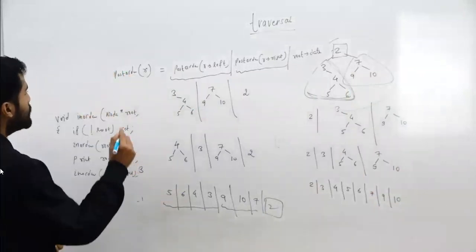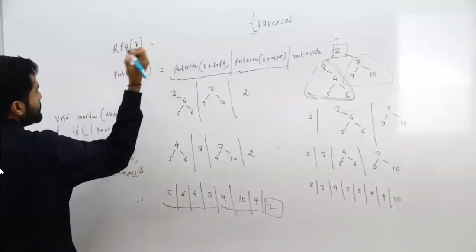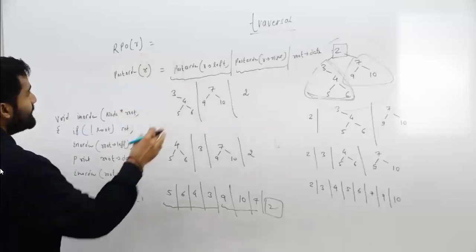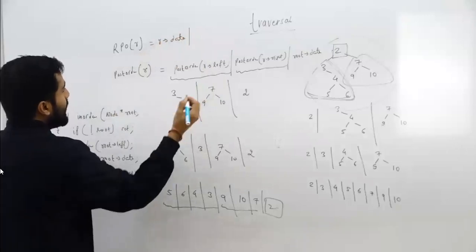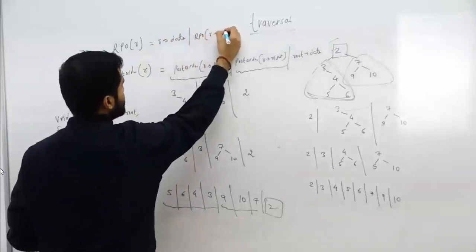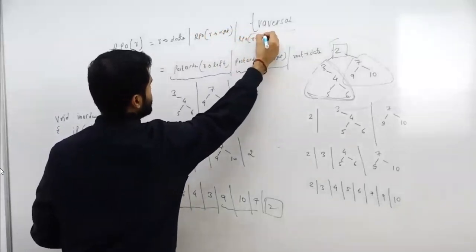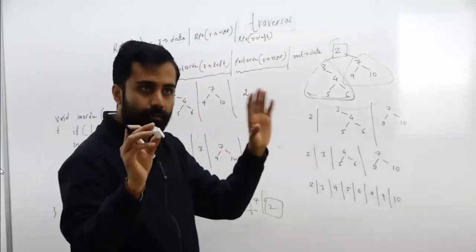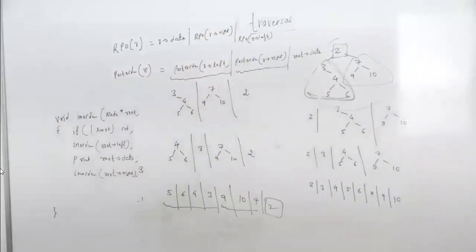So if I define reverse post order, I might say that in the reverse post order traversal of a tree rooted at R, I'll first print the root data, and then I'll focus on the right subtree, and then I'll focus on the left subtree. Okay. So can you generate the output of such a kind of traversal rule? Yes or no?